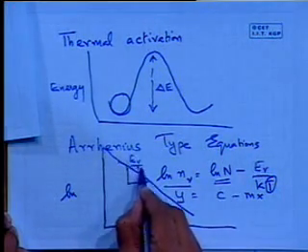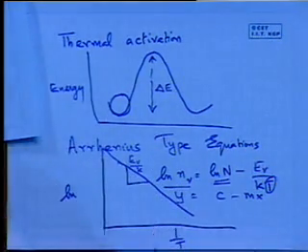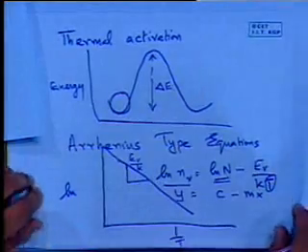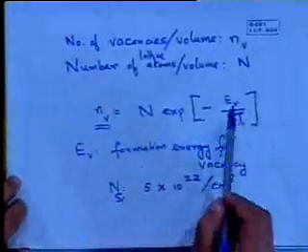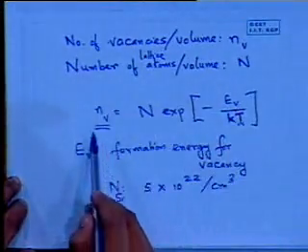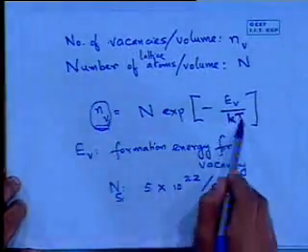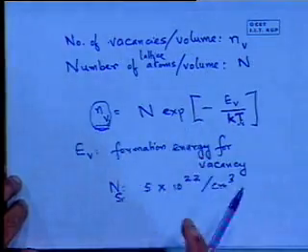I know k, the Boltzmann constant, so I know the activation energy for this process. If I have equations of this form and I don't know the activation energy, I can experimentally determine this term as a function of temperature and calculate the activation energy.